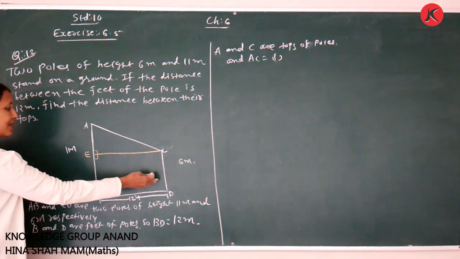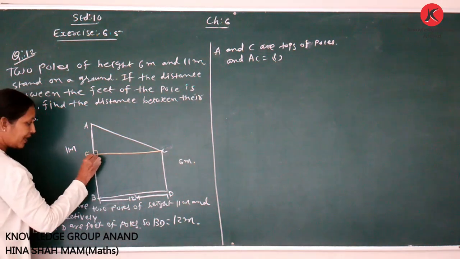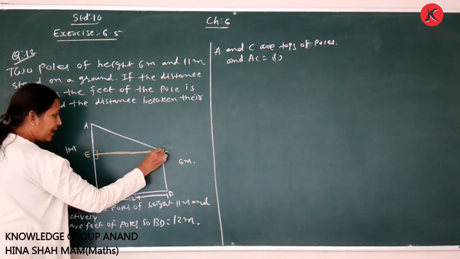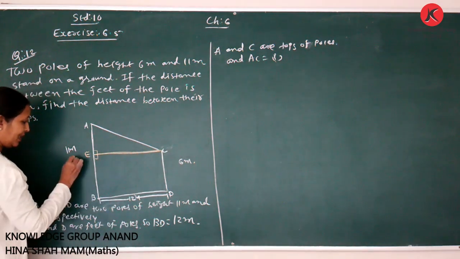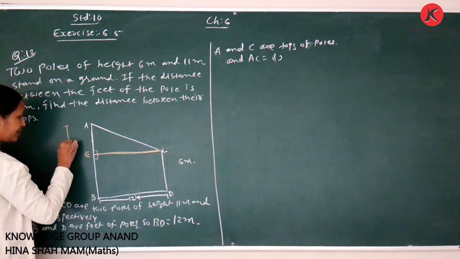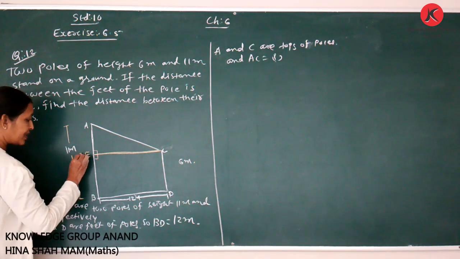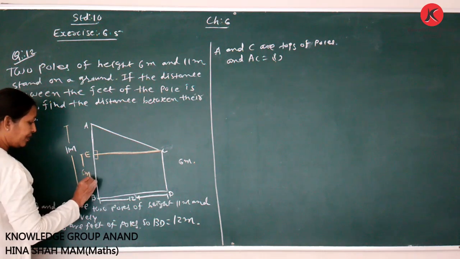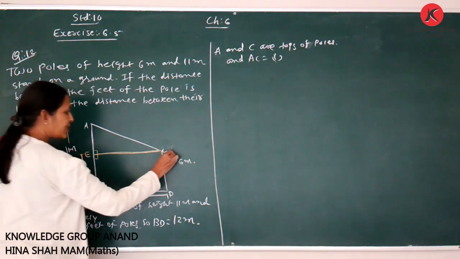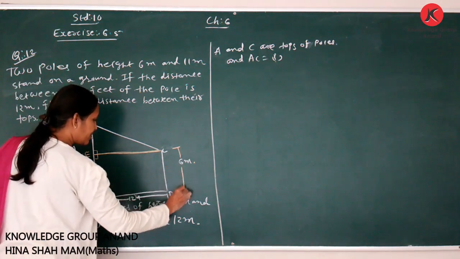Therefore, CD is equal to 6 meter. Here BE is equal to 6 meter. BE is equal to 6 meter. Here CD is equal to 6 meter.